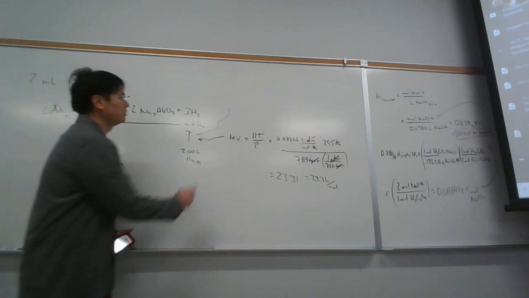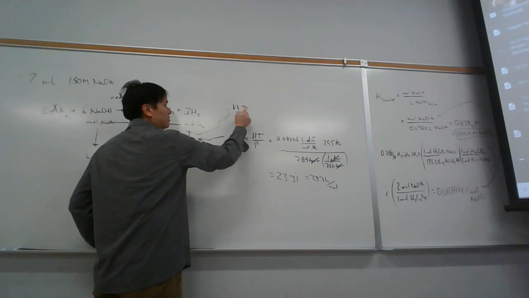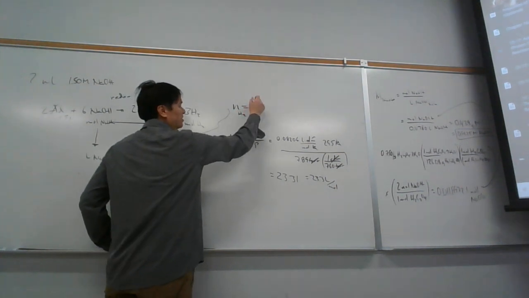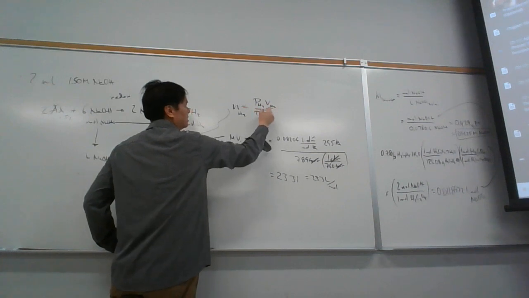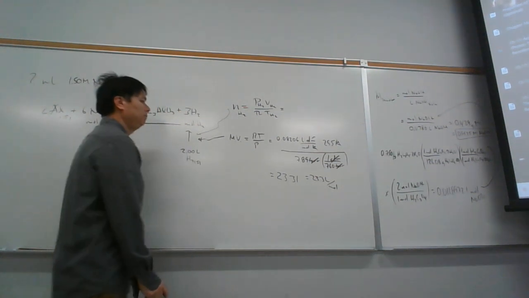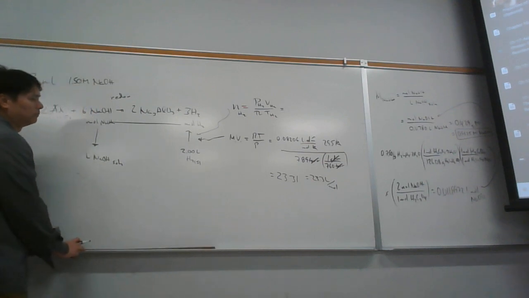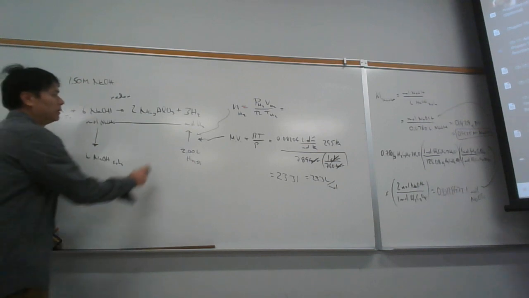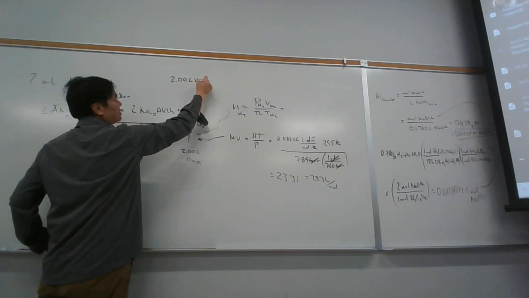What's the alternative? The alternative is to use the ideal gas law. And so if we want the moles of hydrogen, it is equal to the pressure of the hydrogen times the volume of hydrogen divided by RT, the temperature of hydrogen. And so the alternative is just to calculate it using the ideal gas law, which might be easier. There's fewer things to remember. But doing this stoichiometrically, we'll just get 2.00 liters of hydrogen gas.